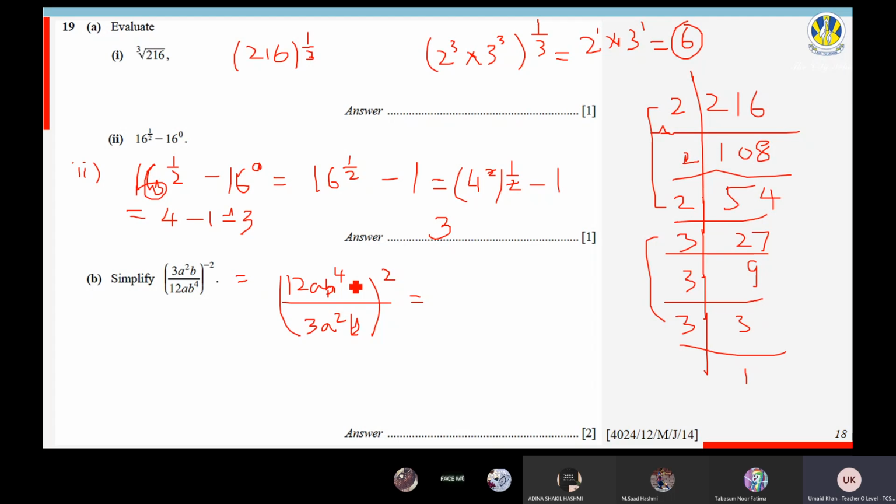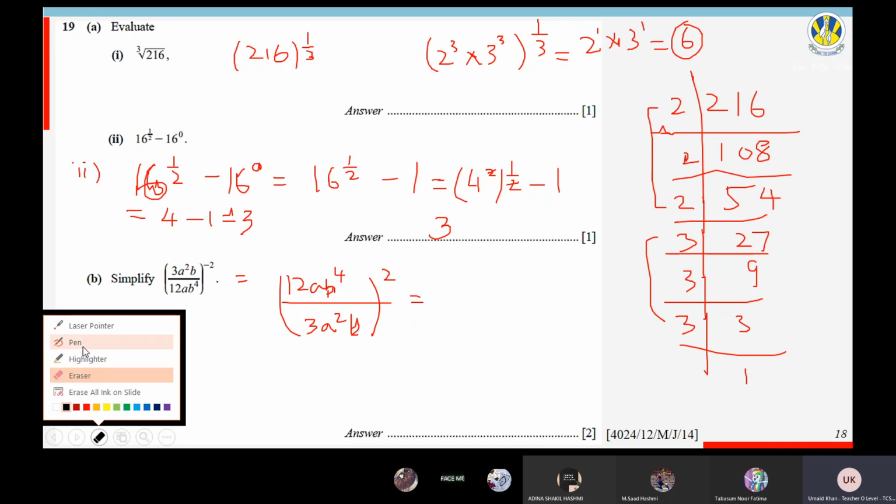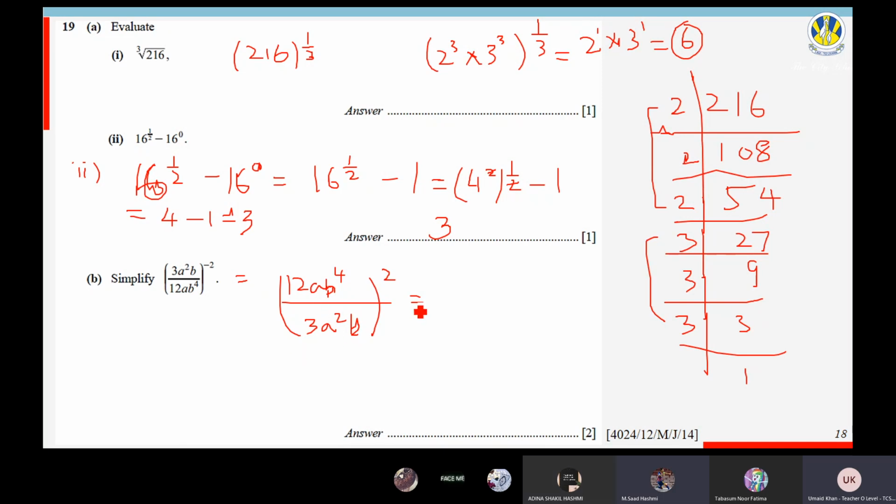Now you can take this power into individual powers. Sir, is it essential to first simplify the expression, to make the negative 2 into positive 2?